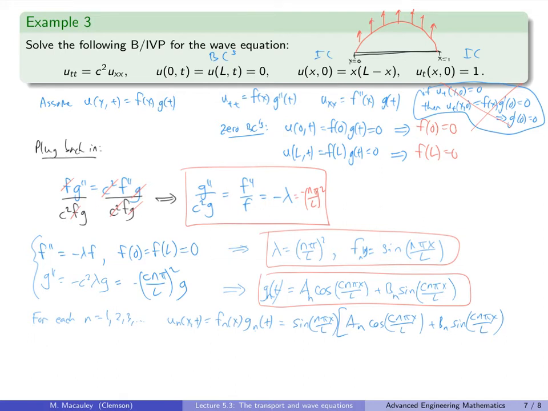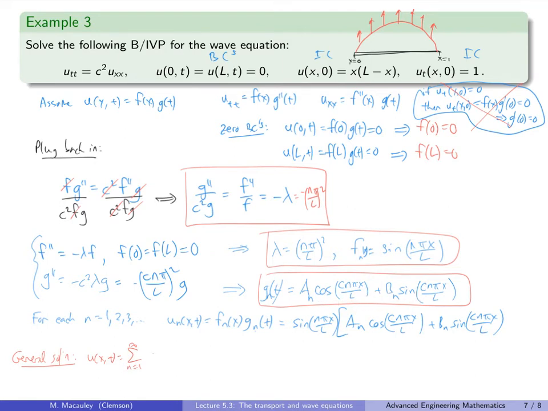So now our general solution is u(x,t) equals the infinite sum from n equals 1 to infinity. Basically we want linear combinations of these solutions.